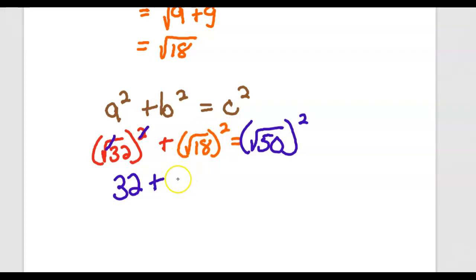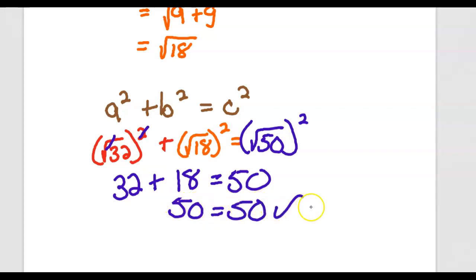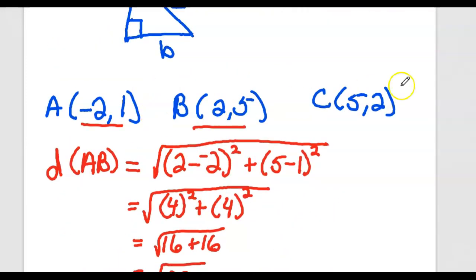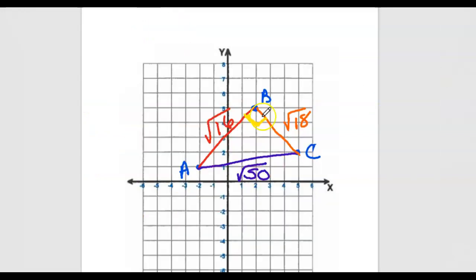Square root of 18 squared gives me 18. And the square root of 50 squared gives me 50. So I have 32 plus 18, which is 50. So yes, these 3 points do create a right triangle.